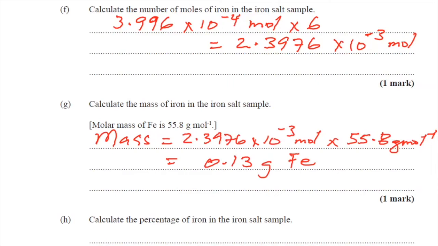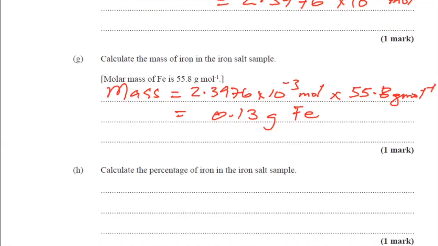Now, they want us in part H to calculate the percentage of iron in the iron sample. If you recall, you can always rewind to see the mass of the iron salt that was used. The mass of the iron salt that was used was 0.500 grams. And we just found that the mass from our calculations using the titration was 0.13 grams.